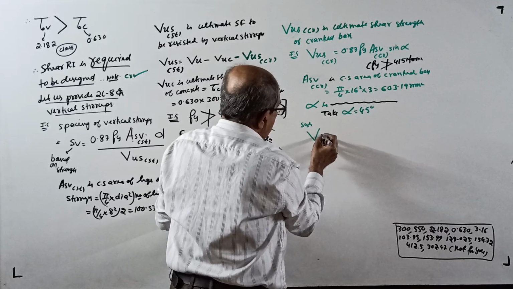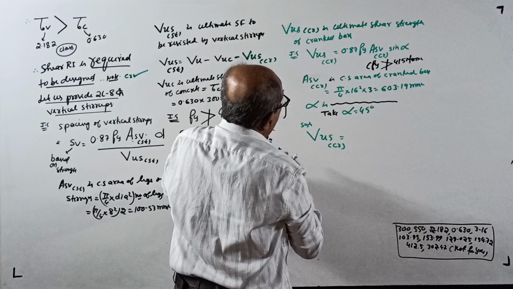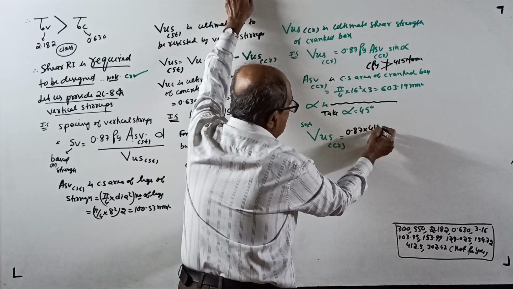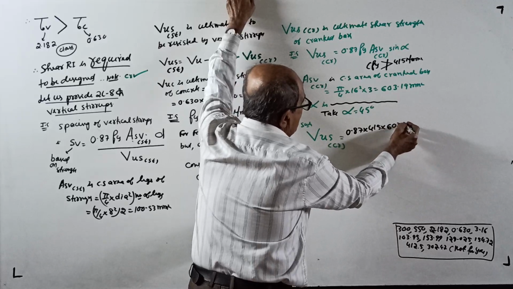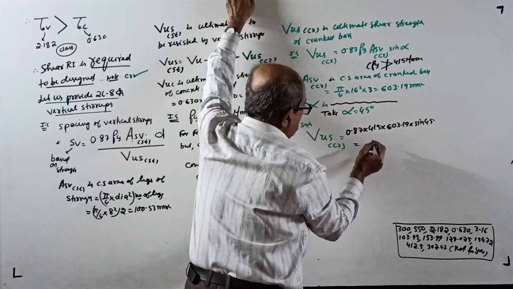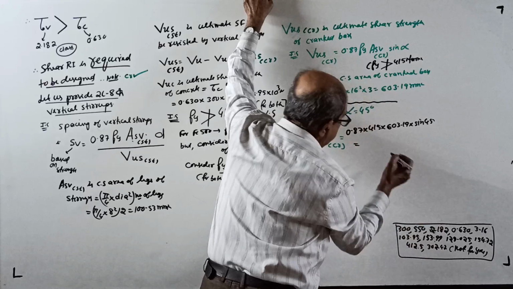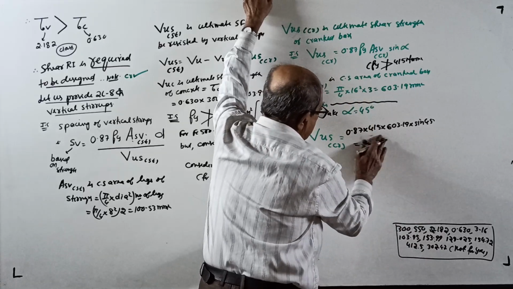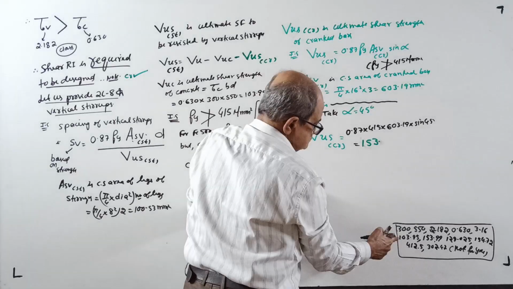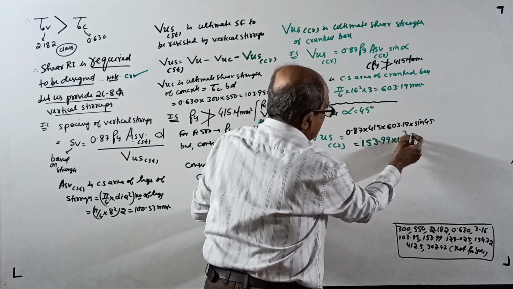Substituting, VUSCR equal to 0.87 into 415 into 603.19 into sin 45 equal to, I already calculated, 153.99 × 10^3 Newton.